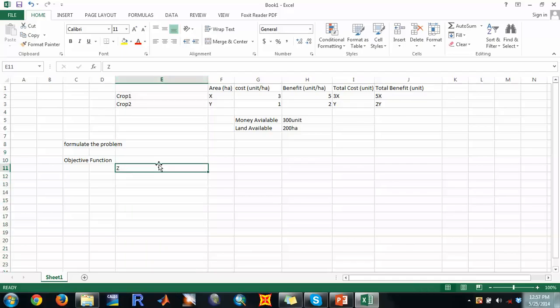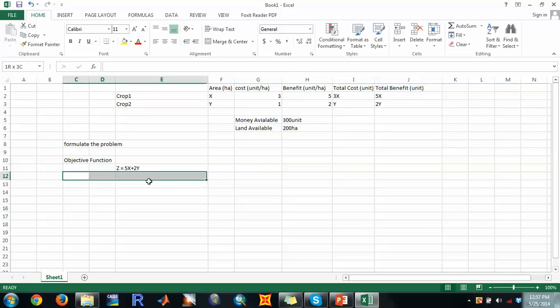Our objective is to maximize the benefit. The total benefit from crop 1 is 5x and from crop 2 is 2y. So Z equals 5x plus 2y. This is the total benefit.